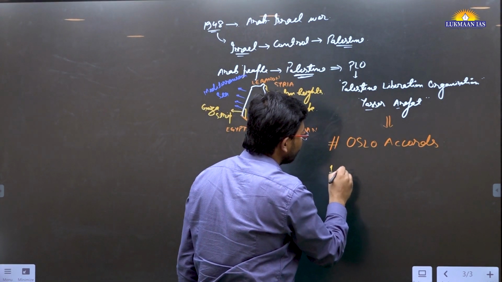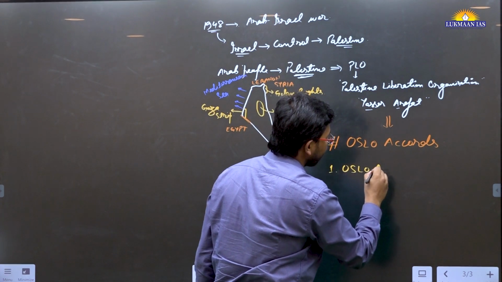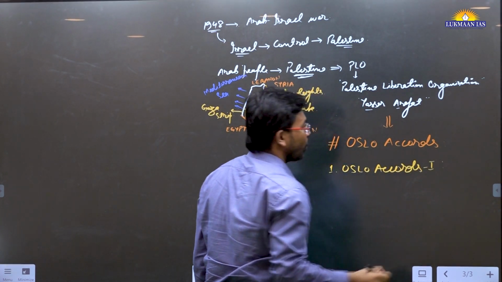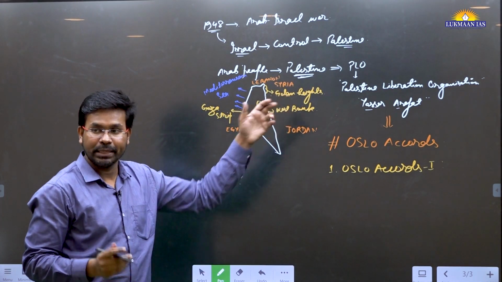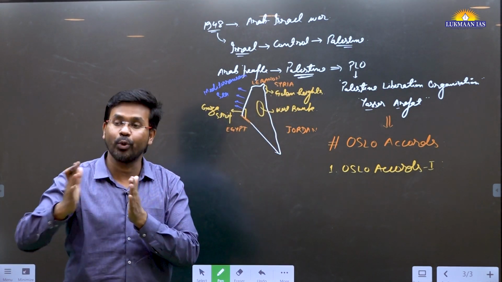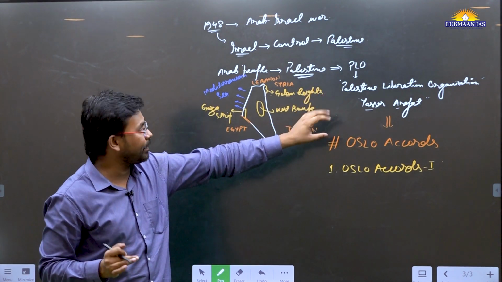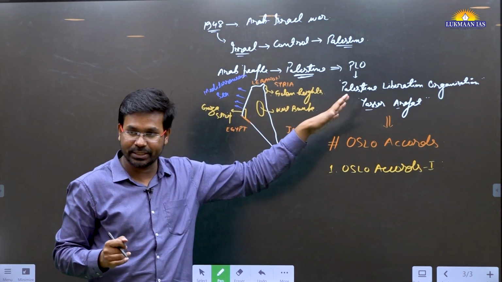One of them is known as Oslo Accords 1. According to Oslo Accords 1, there was a negotiation between the Israeli side and the pro-Palestinian people, the Palestine Liberation Organization.